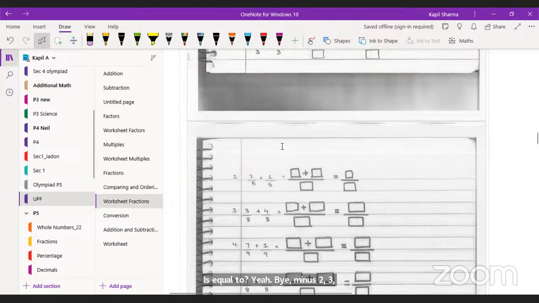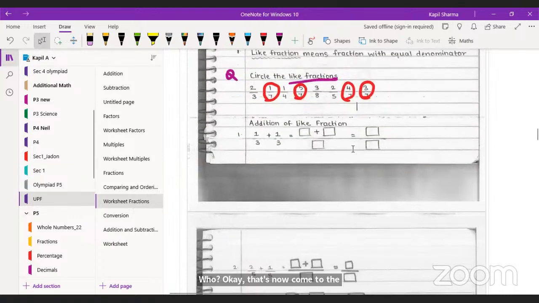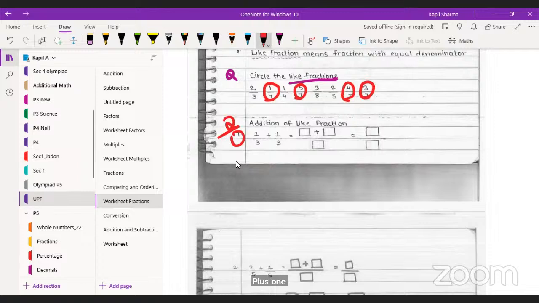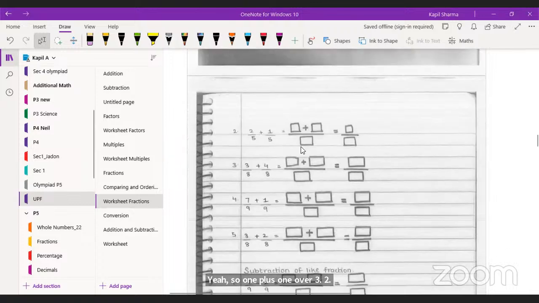So, okay, let's now come to the worksheet. Yes, so answer this question. First one. Yeah, so 1 plus 1 over 3, 2 over 3. Second one.